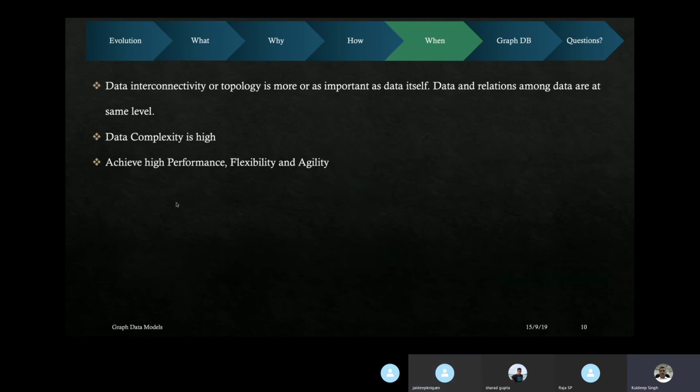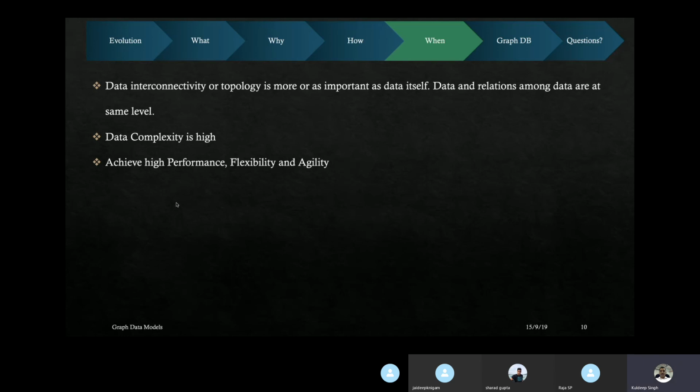Then graph data modeling is the best way out. Because the relationships take precedence, graph databases are also high performance in such scenarios. And the flexibility is always high because you have the option to extend your model to add new nodes and new relationships. So the flexibility and agility comes from there.